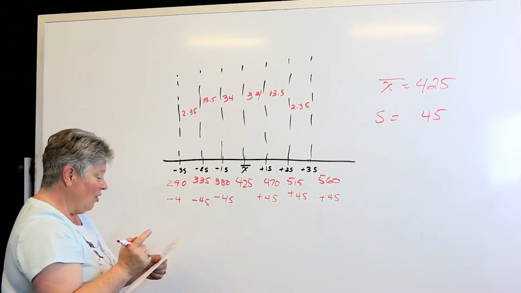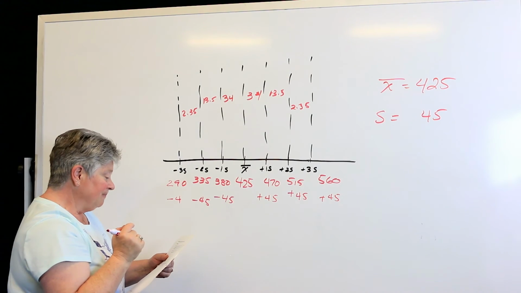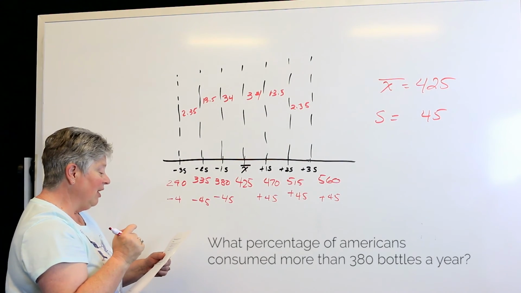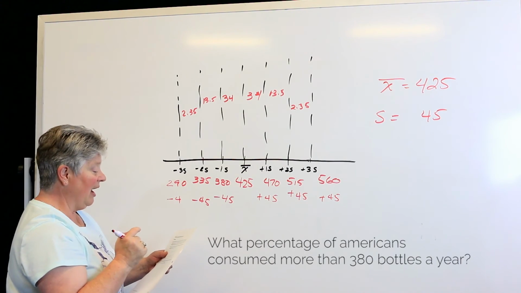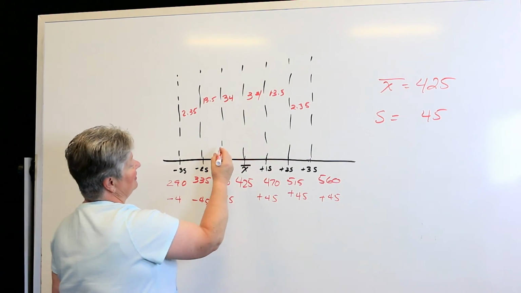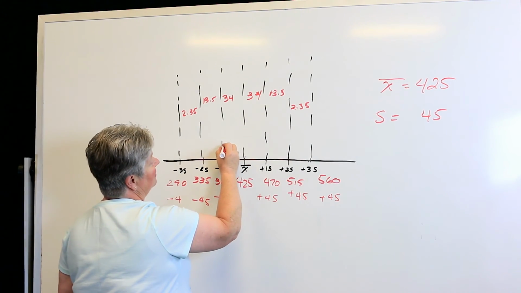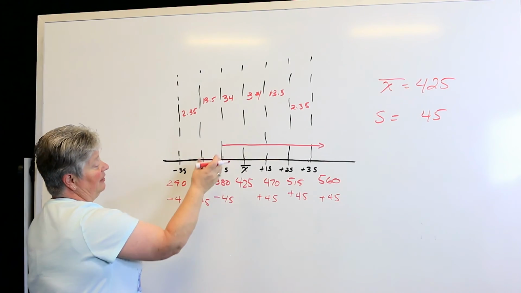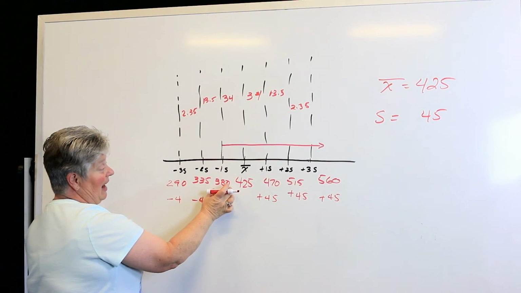The bottom line question was, what percentage of Americans consume more than 380 bottles a year? So what that tells me is it's all of these intervals right here. It's this because this is where the 380 was the breakoff.